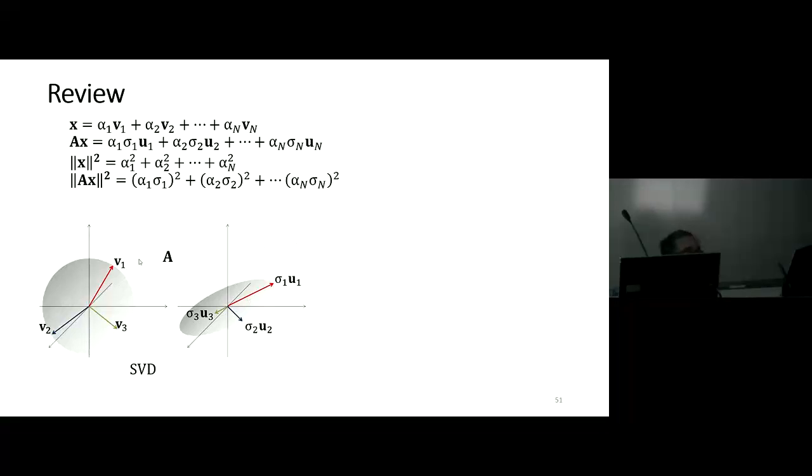And so V1 is the unit vector that yields the highest stretching, and this is sigma 1 U1. V2 is the one that yields the second highest stretching, that should be orthogonal to V1, and the amount of stretching is sigma 2, the vector is sigma 2 U2, and so on.